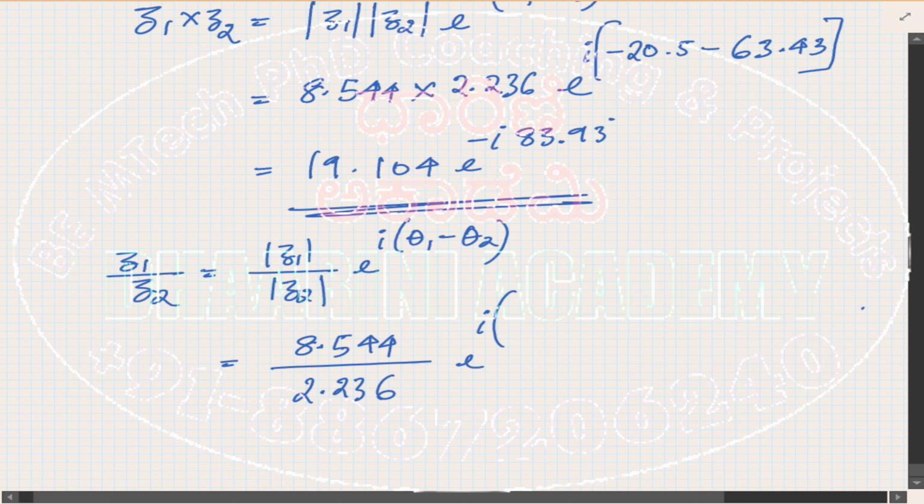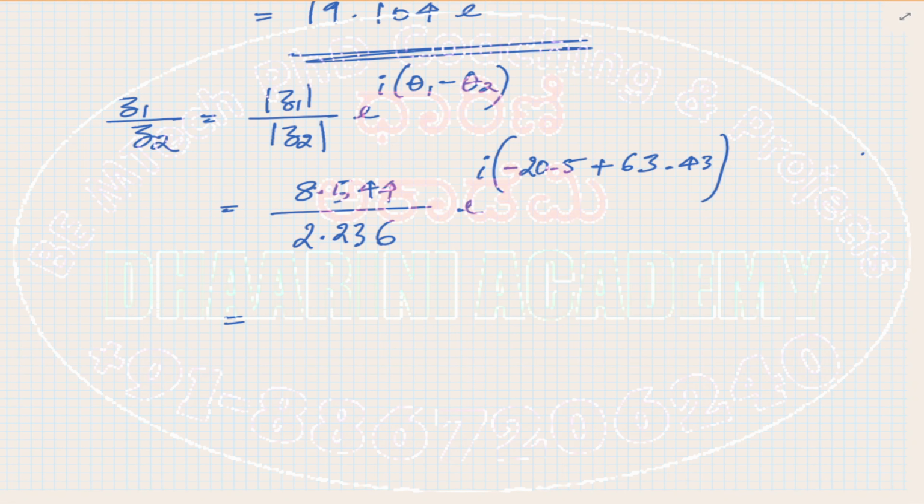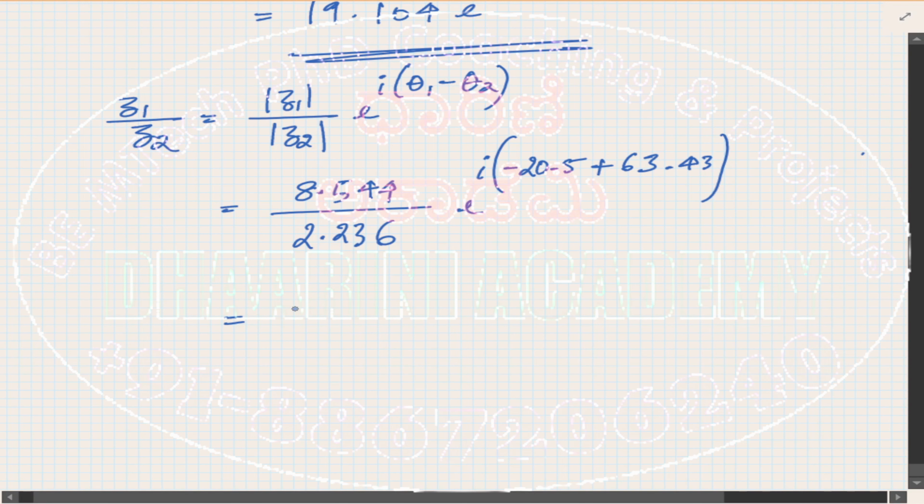Theta 1 is minus 20.5, and theta 2 is minus of minus, plus 63.43 degrees. So 8.544 divided by 2.236 is 3.821.